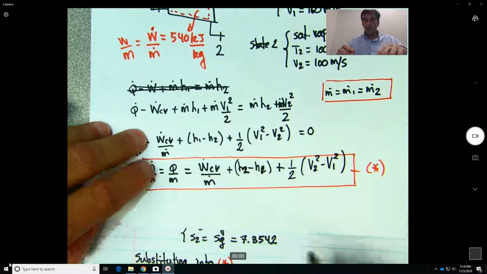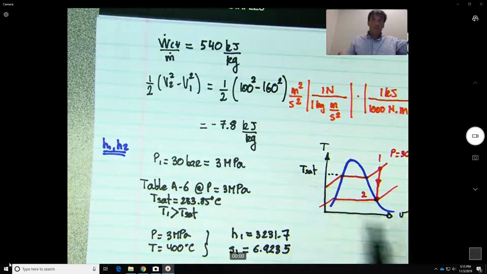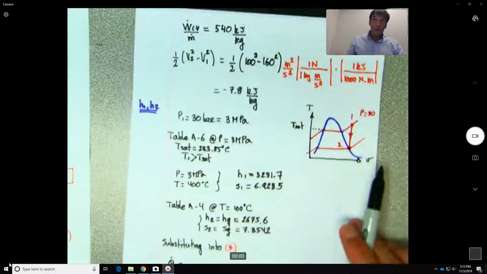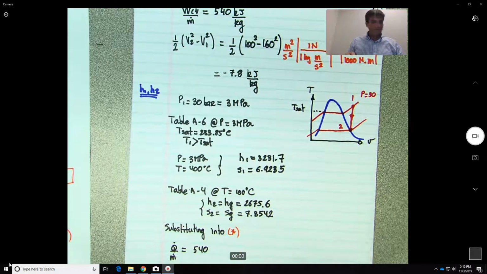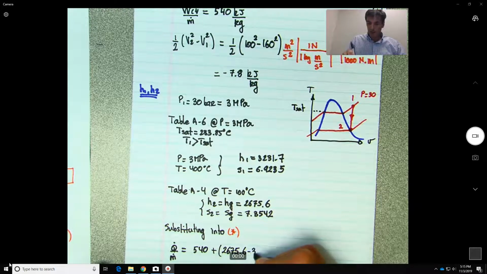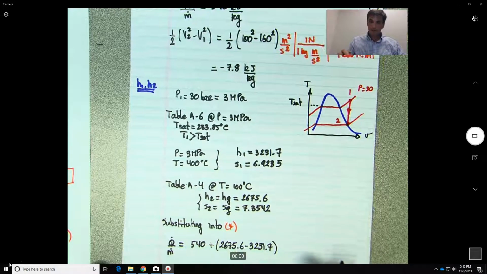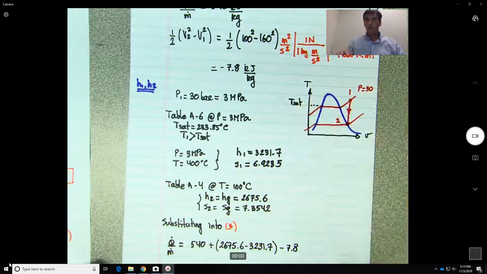That is equal to the 540 kilojoules plus H2 minus H1, so that would be 2675.6 minus 3231.7 minus the 7.8 that we calculated over there on top.